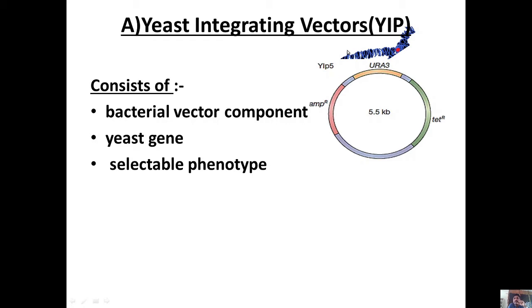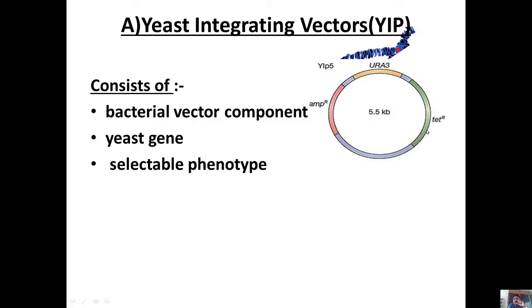That means a mutated URA3 allele is present in the yeast chromosome, and we want to replace that URA3 minus with a functional allele of URA3, that is URA3 plus. That means we want to introduce a functional URA3 plus allele into that URA3 minus region of the yeast chromosome.